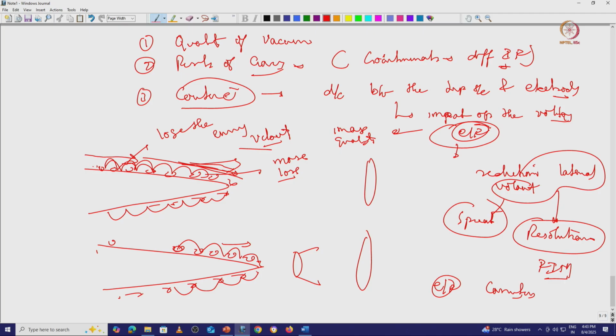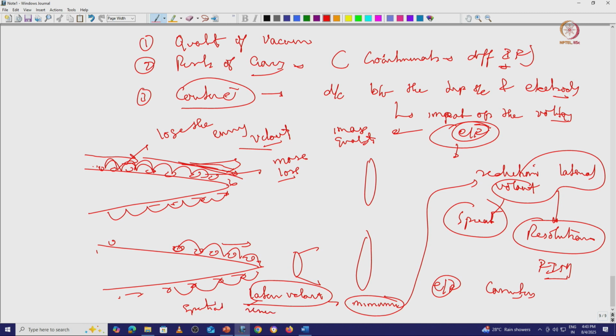So the spread in the lateral velocity decrease is minimum, which will have a direct impact on the resolution of the image. Okay, so that's why this lateral velocity describes the spatial resolution in the FIM image.